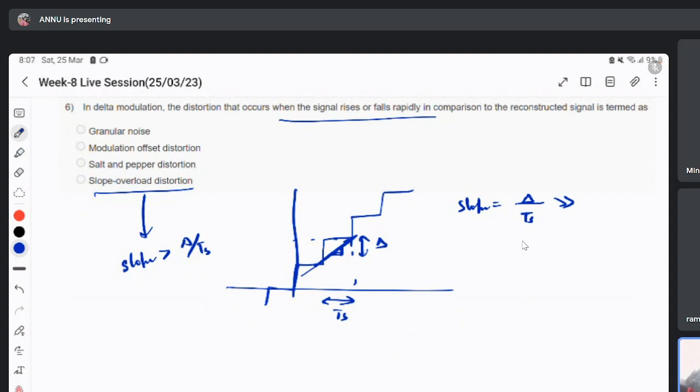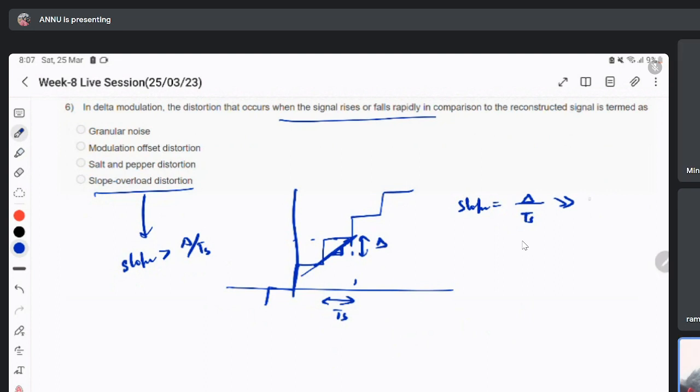So delta by TS was greater than or equal to the maximum of the slope of the message signal. Yes, that's what I was missing. Ma'am, this is in the textbook by Simon Haykin and Michael Moher.